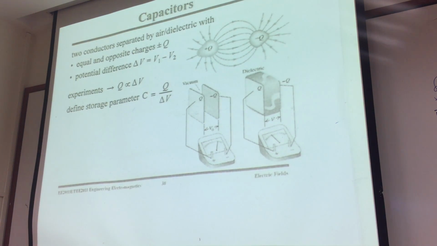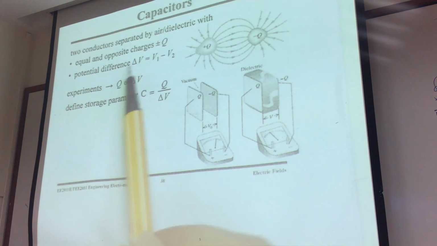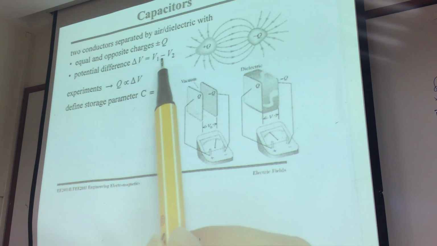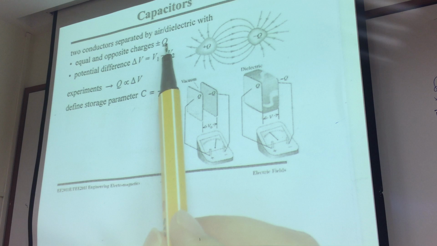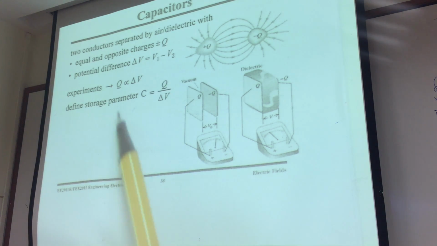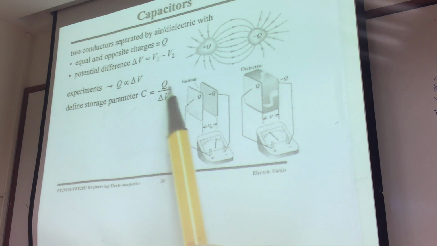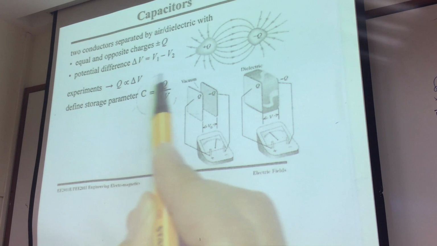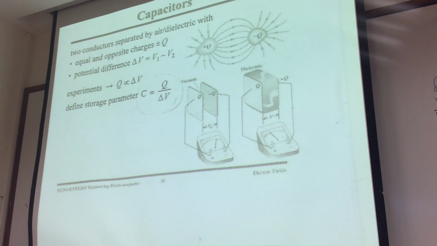This is capacitance. Again, we can get a potential difference, that is delta V, so V1 minus V2, and this is a positive and negative Q, and we just define the storage parameter C equals Q over delta V. I remember this one appears a lot in your examples.